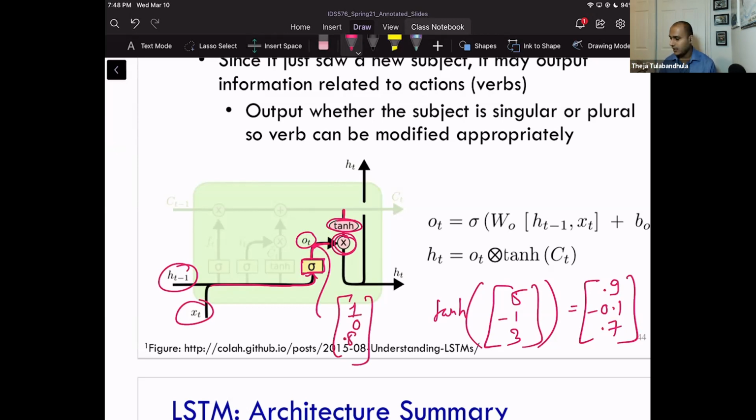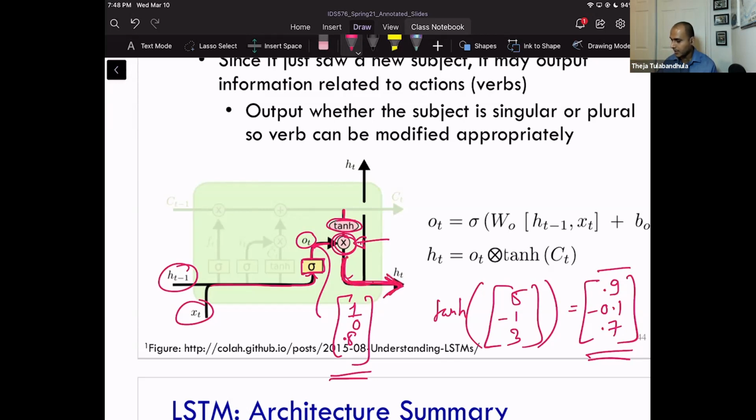Now this O_t is multiplied element-wise with the tanh output. That's this X here. So that's the gate. It's saying, should I set some coordinates to 0, or just leave the numbers as is? And whatever the output is, that's what I'm passing as h_t.